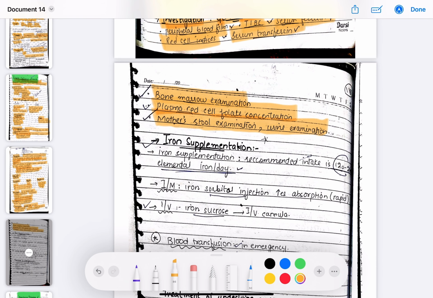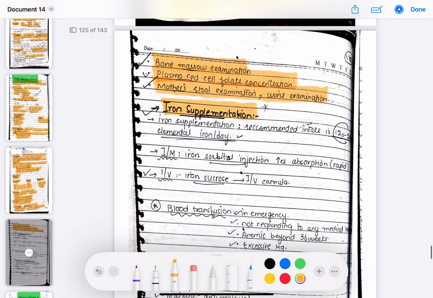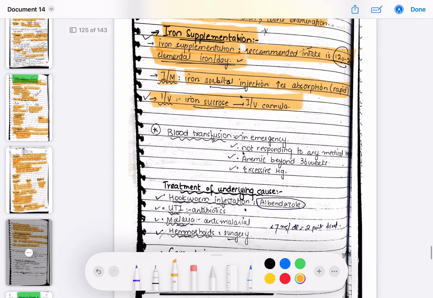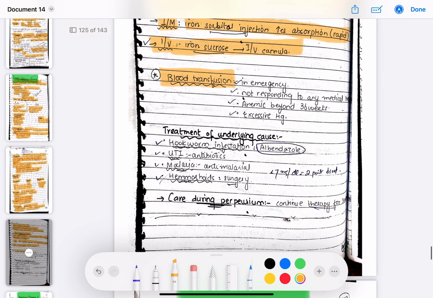Iron supplementation is done, with a recommended intake of 120 to 240 mg elemental iron per day. Intramuscular iron sorbitol injection increases absorption, and intravenous iron sucrose is given through an AV cannula. Now, blood transfusion is done in an emergency when there is no response to medical treatment, anemia beyond 36 weeks, and excessive Hb loss.